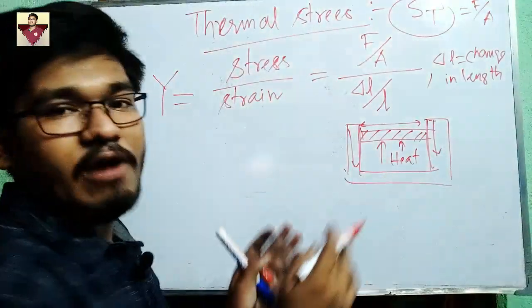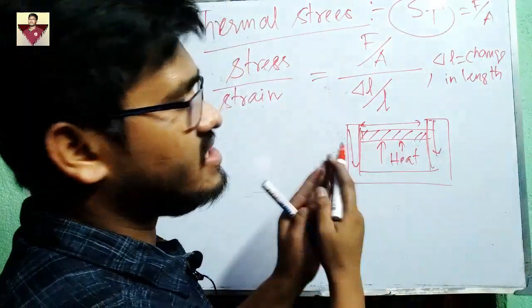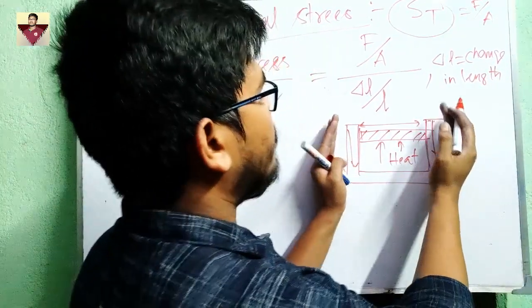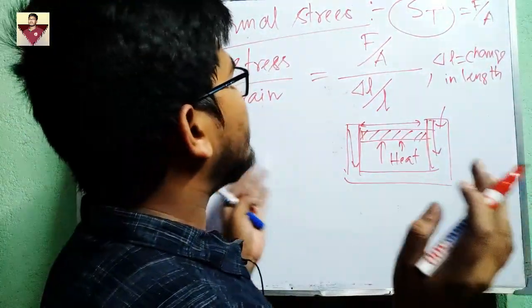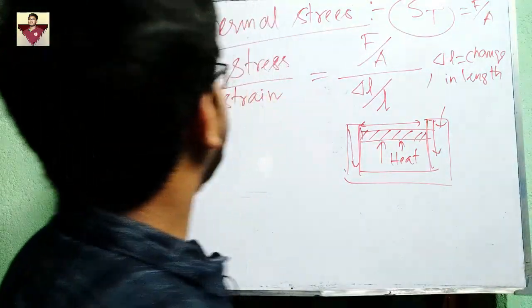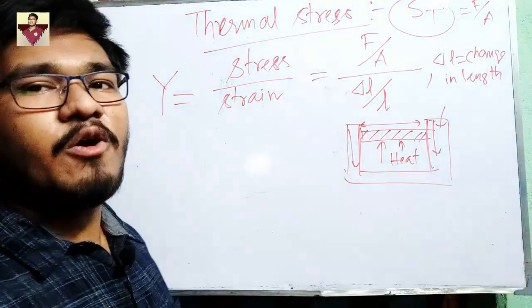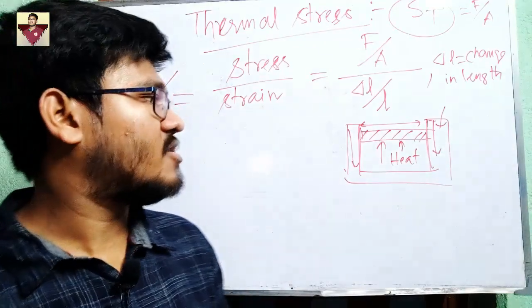The rod will try to increase its length, but I have constrained its length with the concrete walls, so it cannot expand. Then it will generate a stress in the rod. I want to calculate that stress, and we call it thermal stress because it has been developed by the impact of thermal energy.